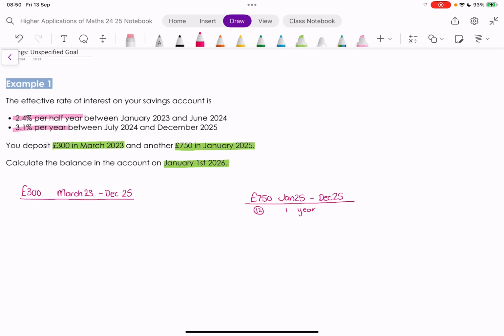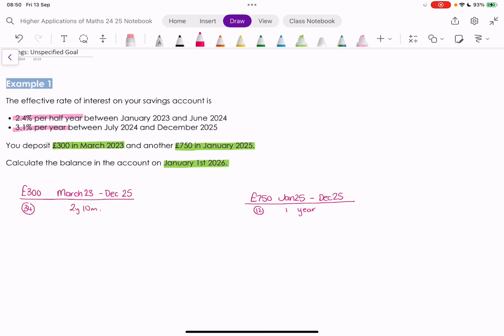And then my first deposit is going to be from March 23 to December 25, which is just a couple of months shy of 3 years. So that's 34 months, so 2 years, 10 months.